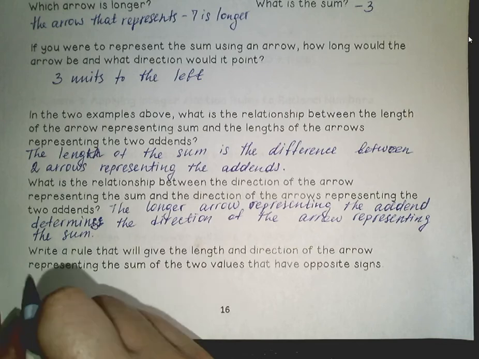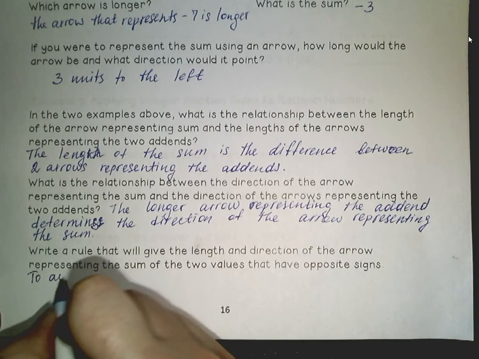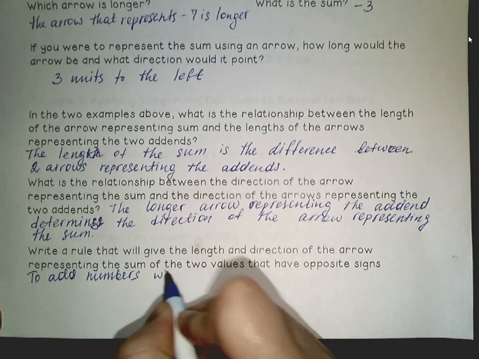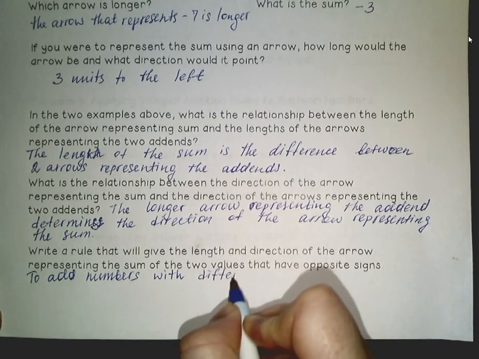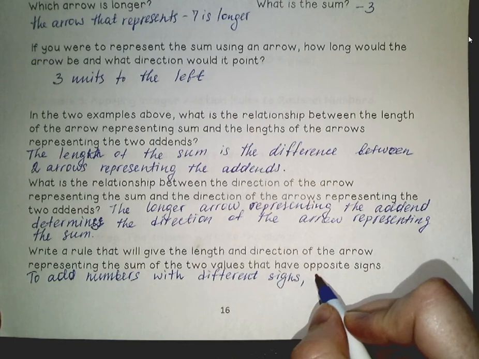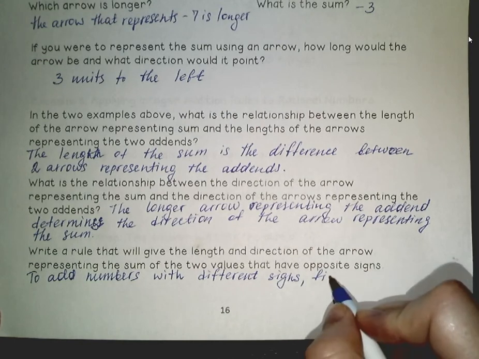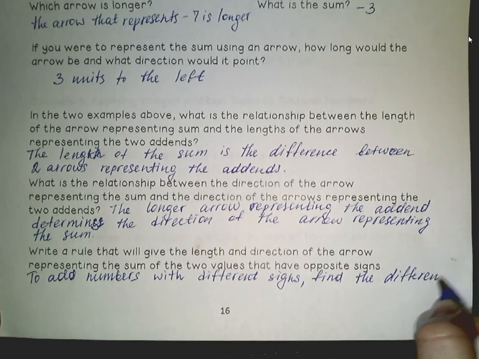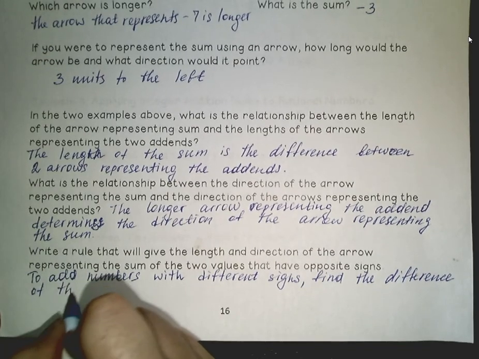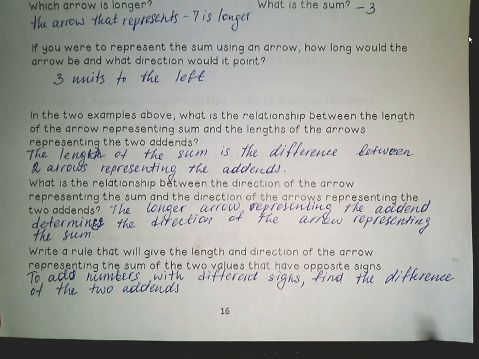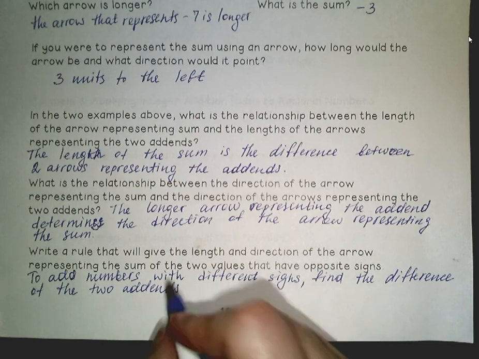Okay, so I'm going to add numbers with different signs, find the difference of the two addends, and keep the sign of the bigger arrow.